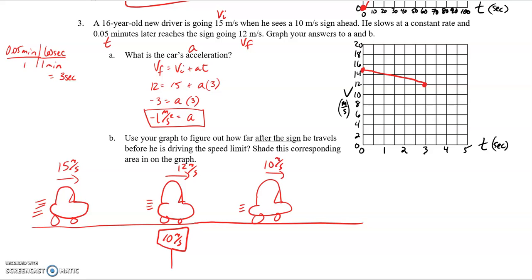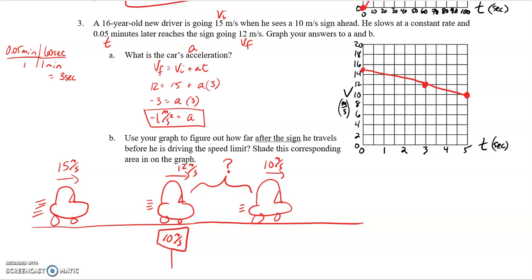How far does the car go after that? So if we continue our line that we just made on our graph until it reaches 10, just kept the slope the same, it's going to reach 10 meters per second at 5 seconds.